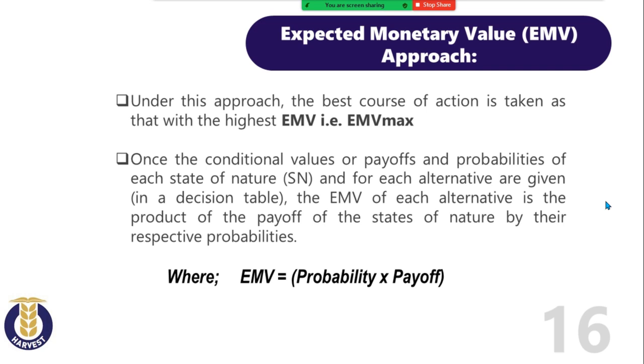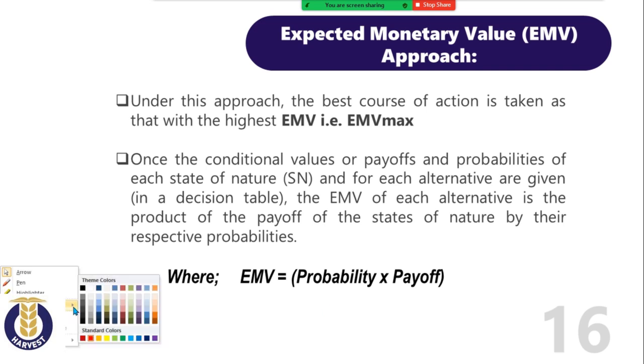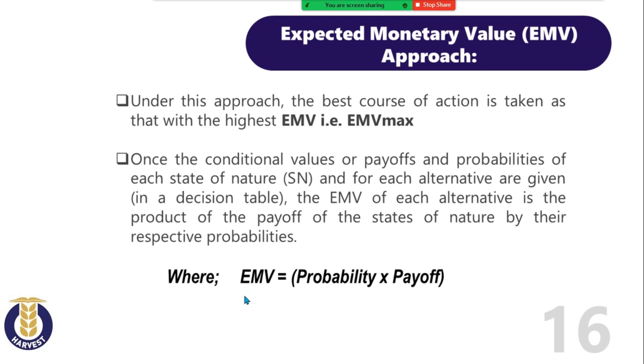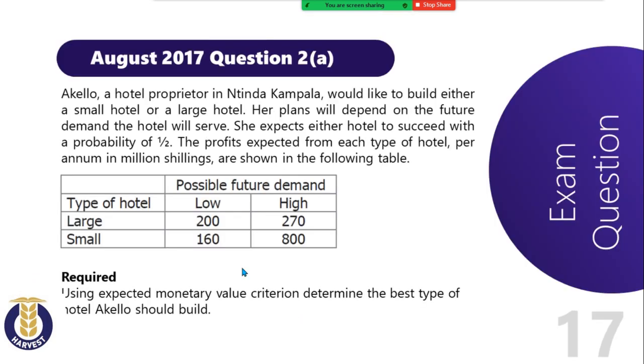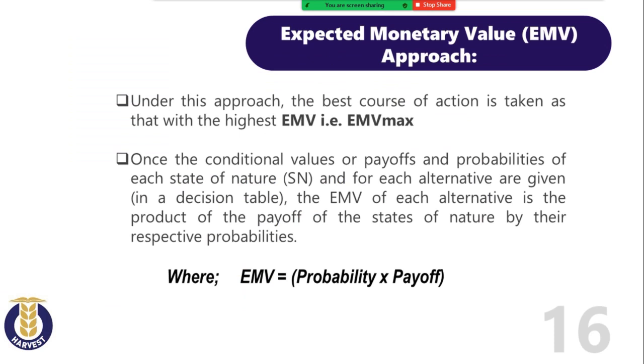So you compute the expected monetary value for each of the alternatives or courses of action, and the one that gives you the highest expected monetary value is selected. How do we compute the expected monetary value?